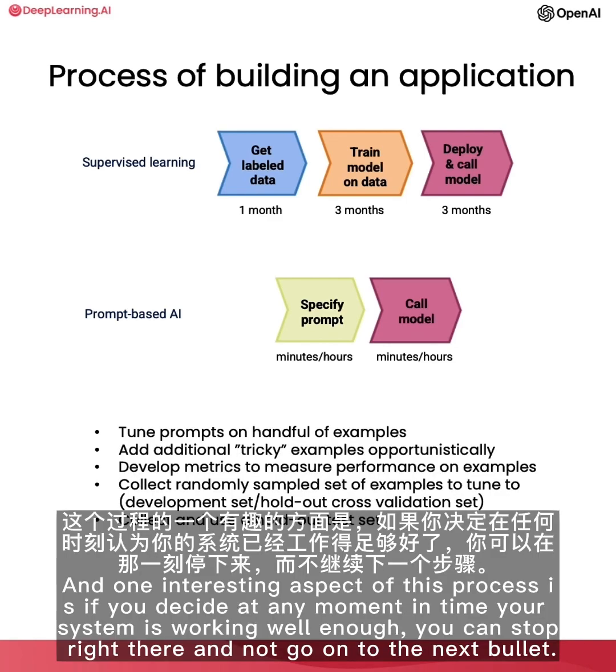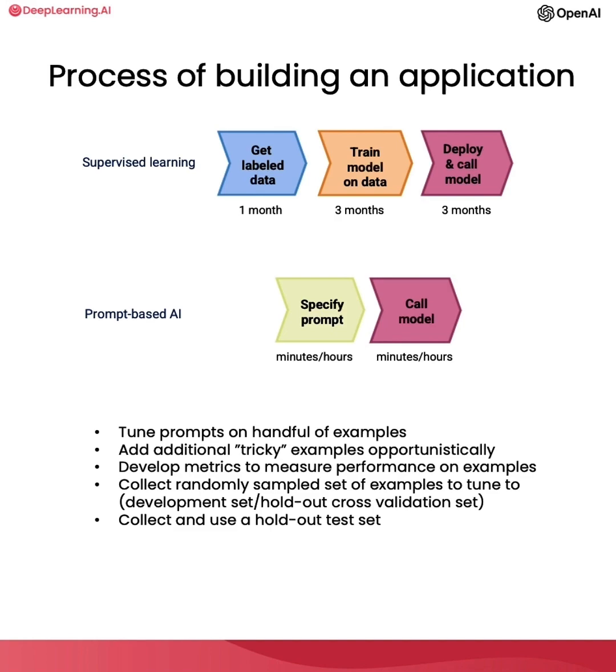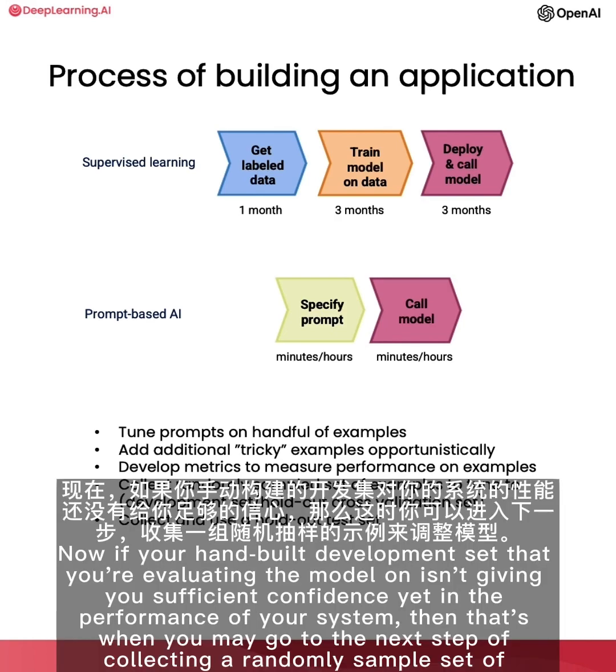And one interesting aspect of this process is, if you decide at any moment in time your system is working well enough, you can stop right there and not go on to the next bullet. And in fact, there are many deployed applications that stopped at maybe the first or the second bullet and are running just fine.